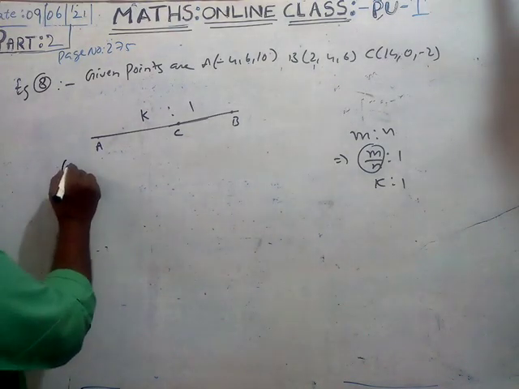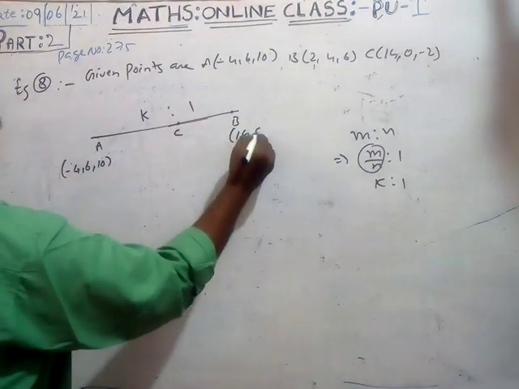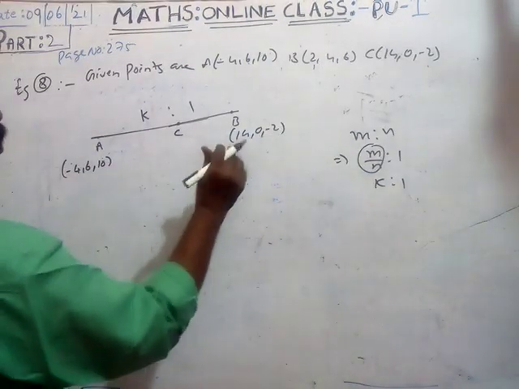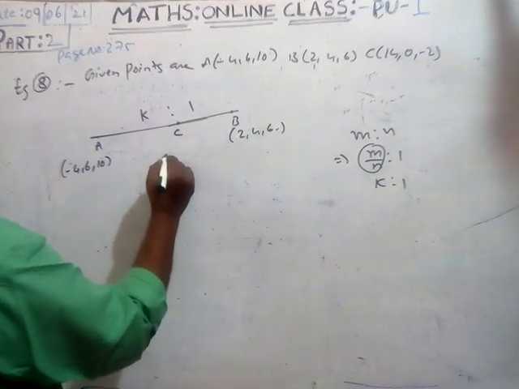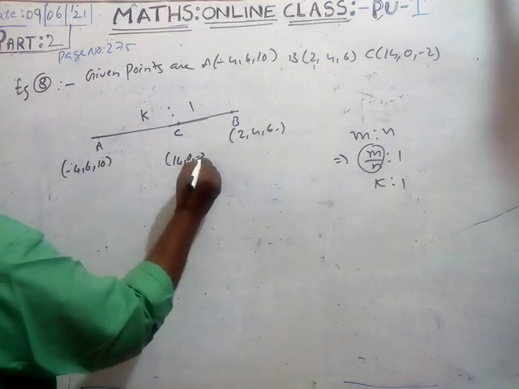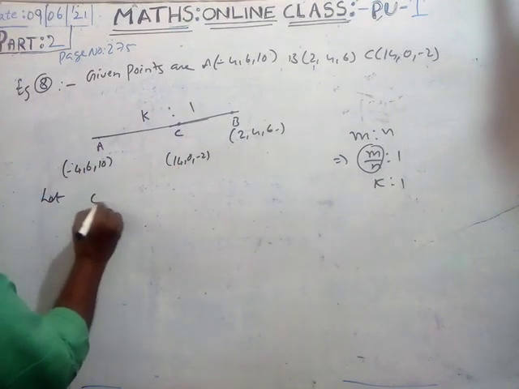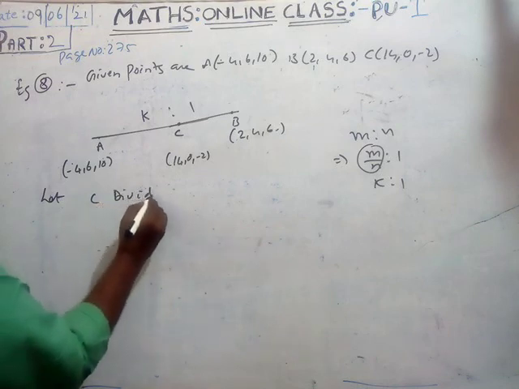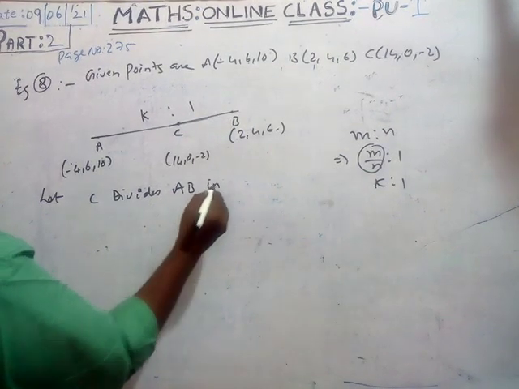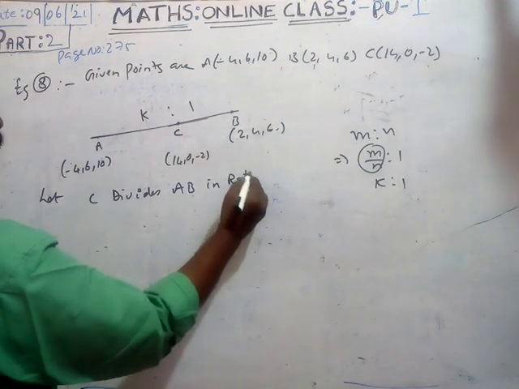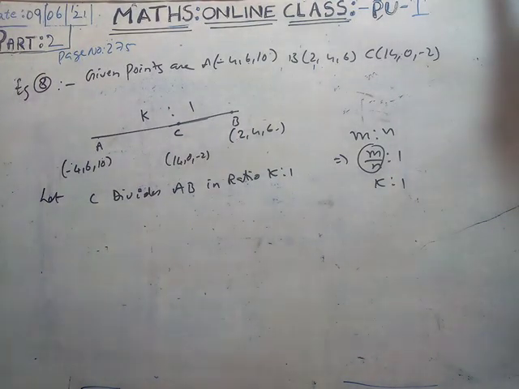Here A is minus 4, 6, 10. Here C is 14, 0, minus 2. No, it is 2, 4, 6, B point. And C point is 14, 0, minus 2. Let C divide AB in the ratio K is to 1. Just I am taking. Okay now?